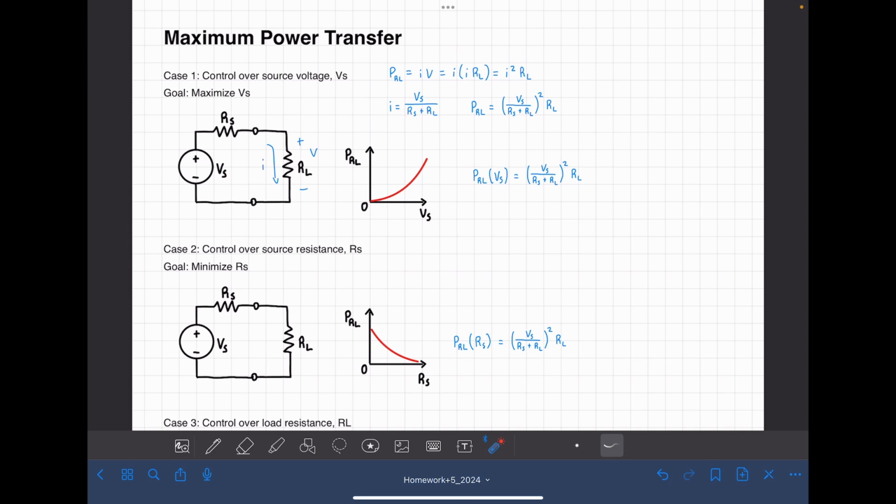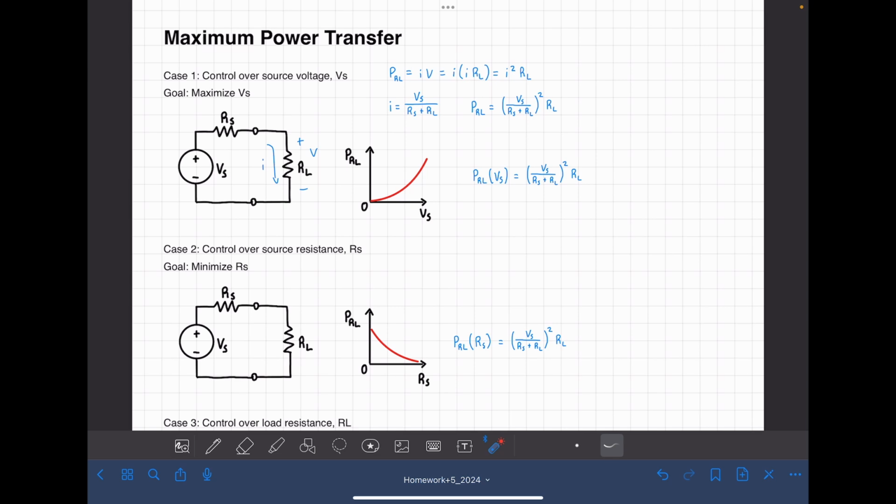So since there are three variables, there are three different cases that we need to worry about. Whenever Vs is our independent variable, whenever Vs is moving around, you can see that it is on top of the fraction and it is being squared. So this is a quadratic relationship right here.